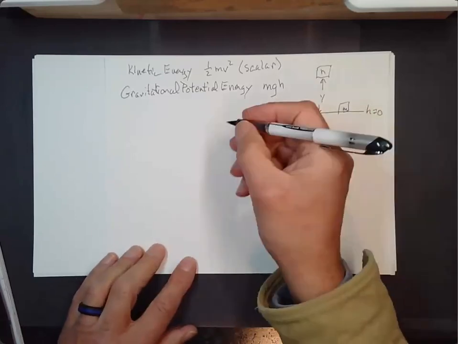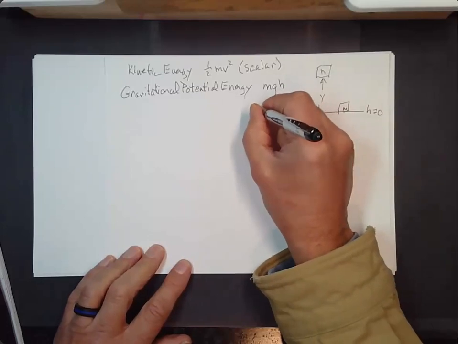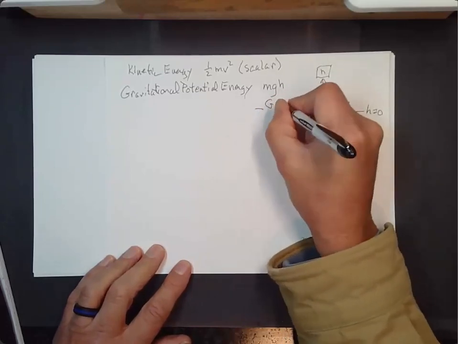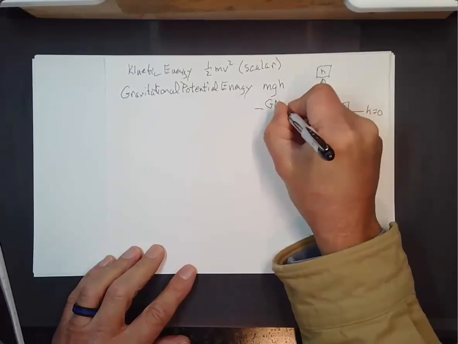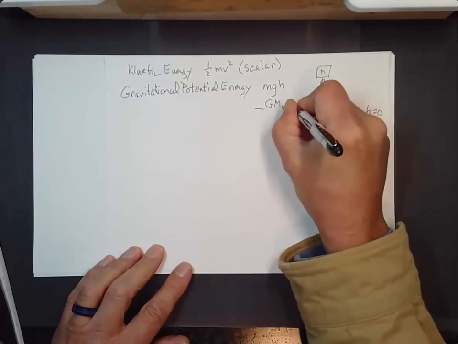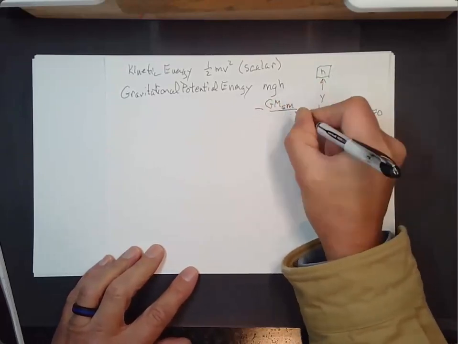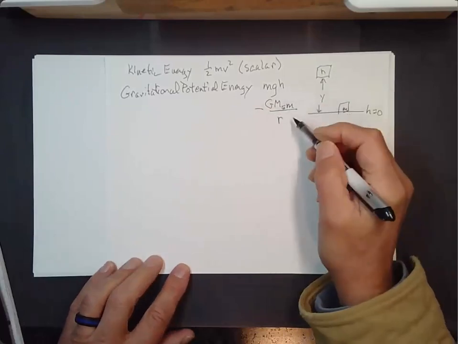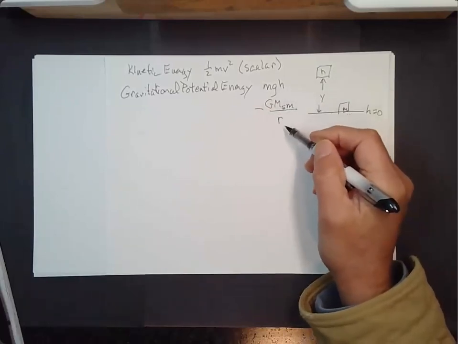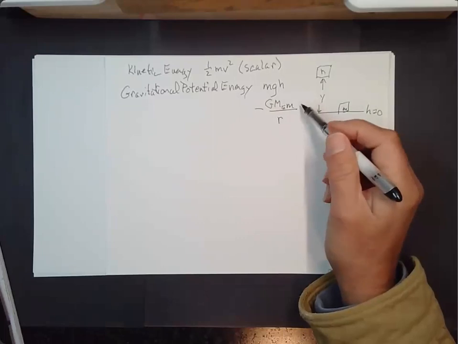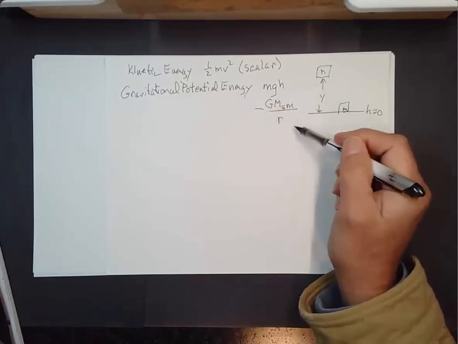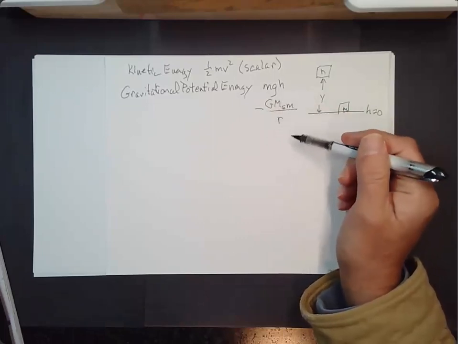In that case, we'll actually have an expression that looks like this: minus G times the mass of the Earth times the mass of whatever object we're talking about divided by r, where r is the distance from the center of the Earth. So we're not going to use this expression until next quarter, but that's something that it could look like.